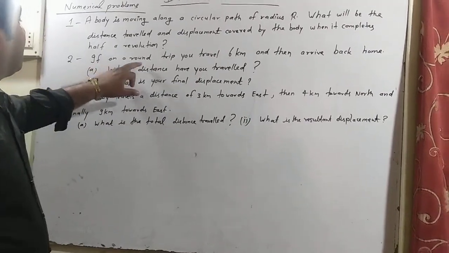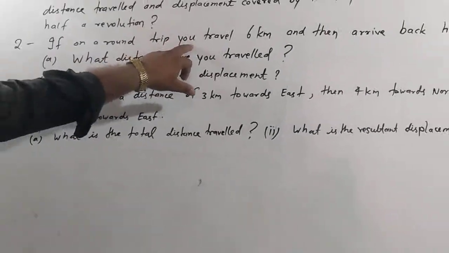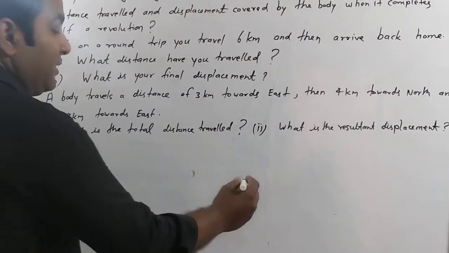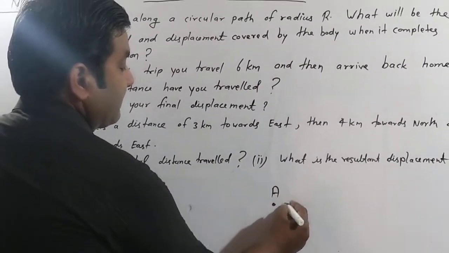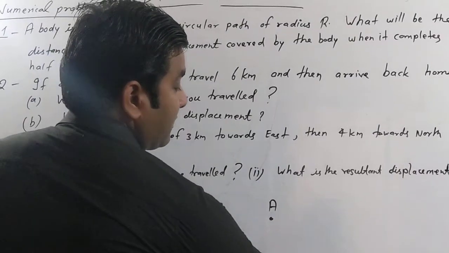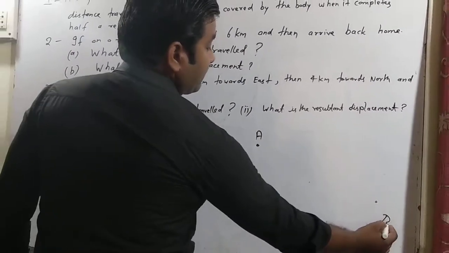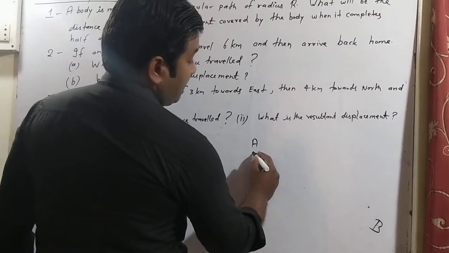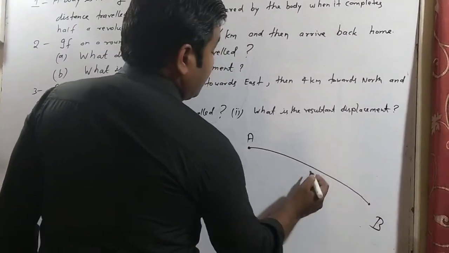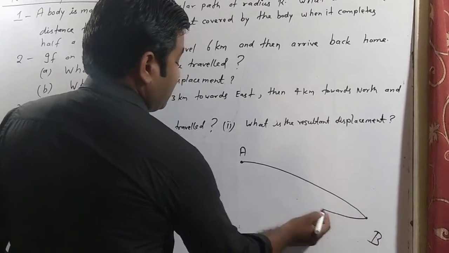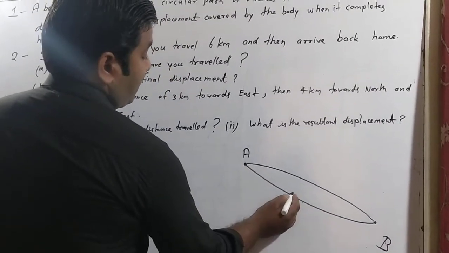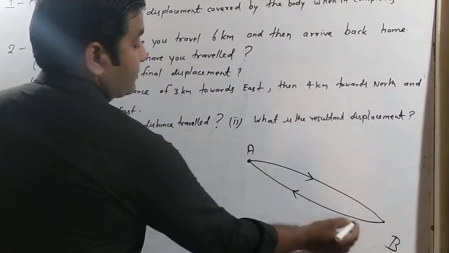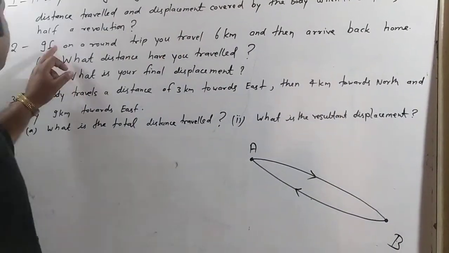If on a round trip you travel 6 kilometer and then arrive back home. Suppose you are starting from point A and your home is at point B. You start and travel anyway, no matter. Then reached at point A and then further come back to point B. In question it is given what?